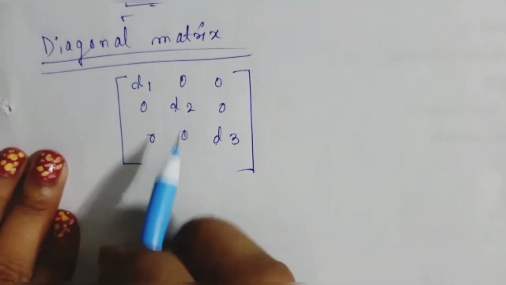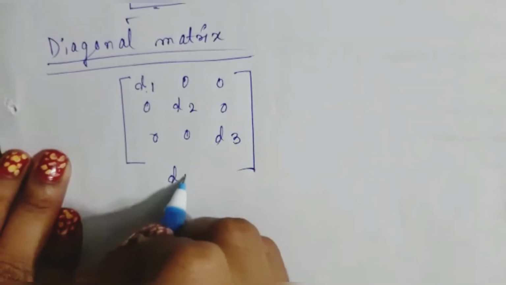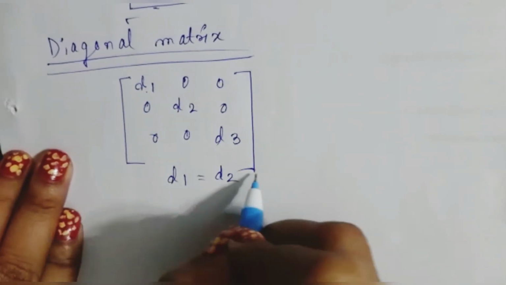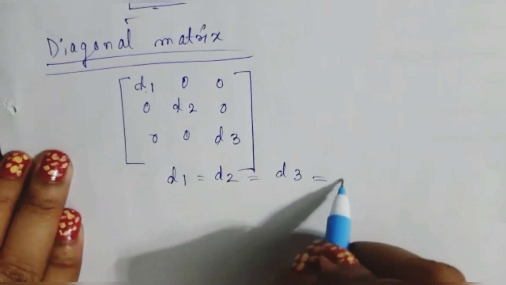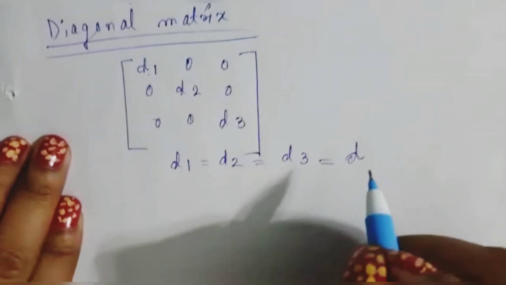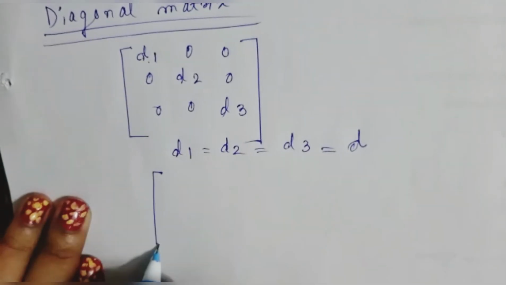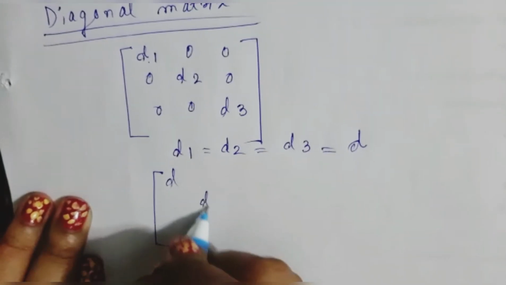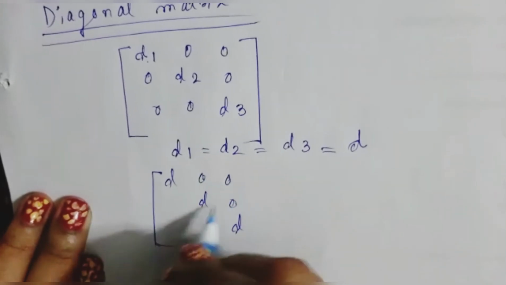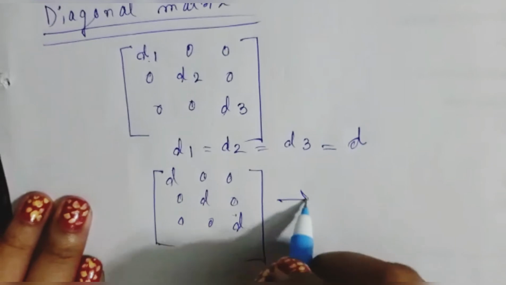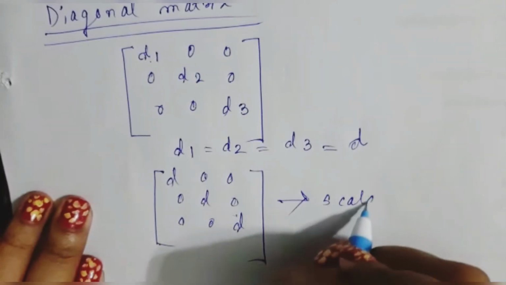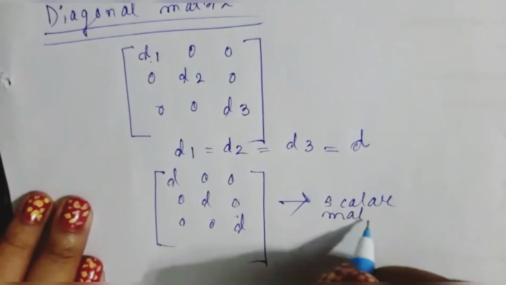Now if your D1 is equal to D2 equal to D3, when your diagonals are the same, say equal to D, then that will be your scalar matrix, like D, D, D, with 0 everywhere else. Okay, when your diagonals are the same, at that point it is going to be a scalar matrix.